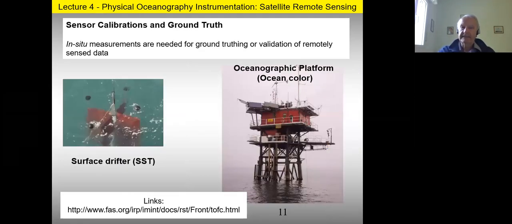Okay, but we cannot really do remote sensing measurements without having what we call ground truth data. We have to have the ground truth data, which are in situ measurements, needed for validation of the remotely sensed data.